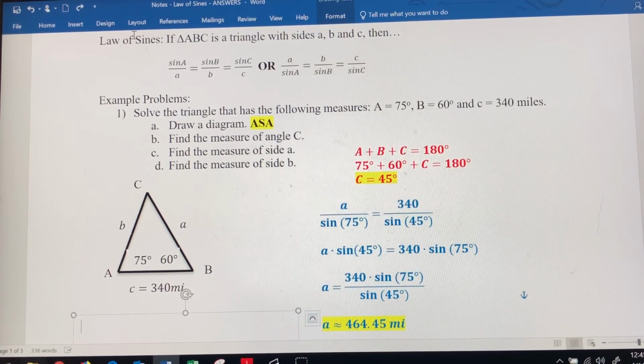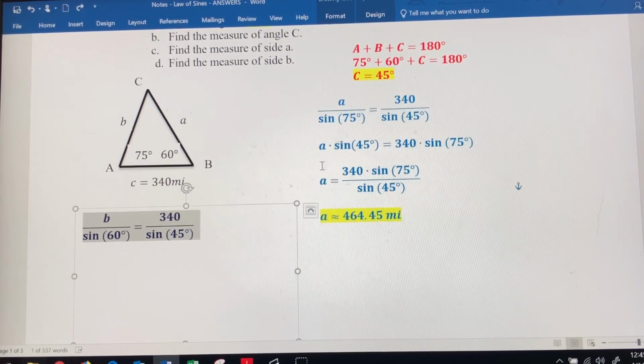When I write that equation, I've got side B divided by sine of 60 equals side C, 340, divided by the sine of C, which we just found to be 45 degrees. Cross multiply, I get B times sine 45 equals 340 times sine of 60.